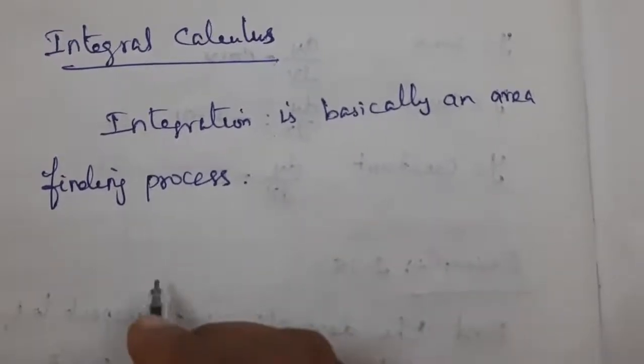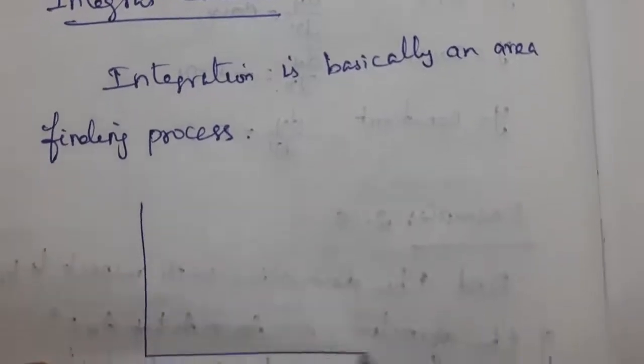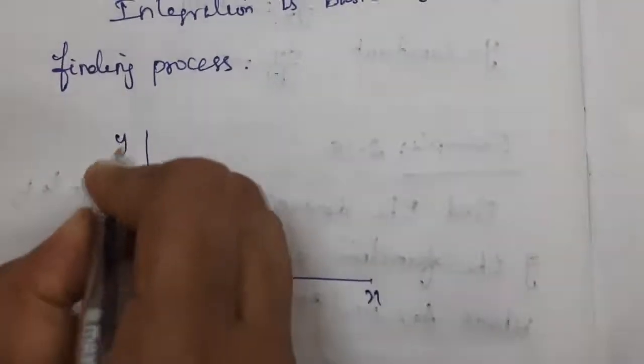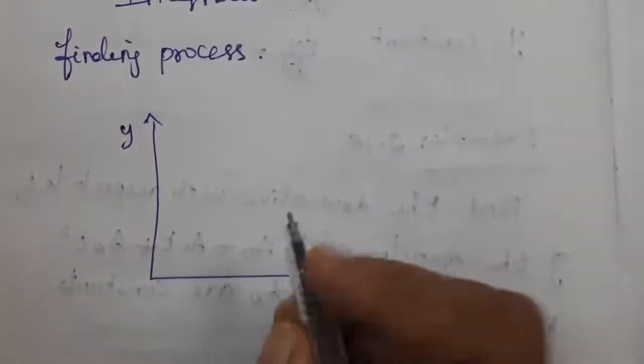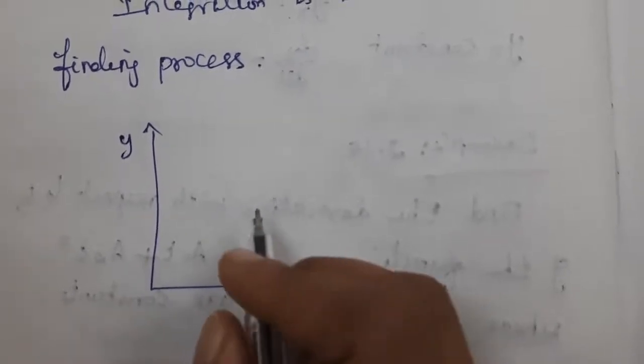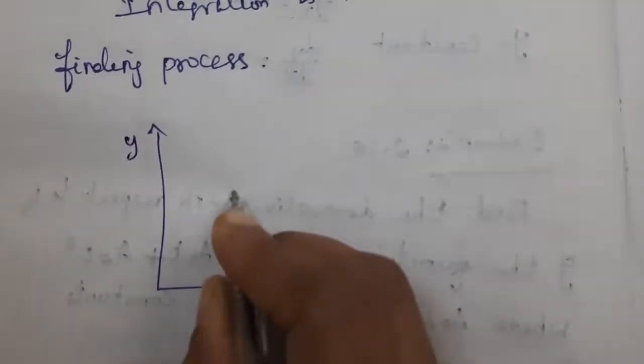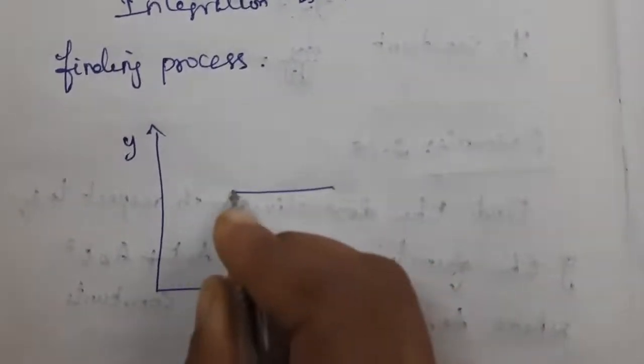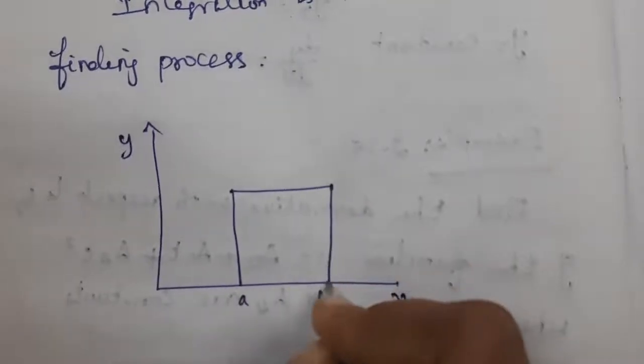Let's see the example. This is x-axis and this is y-axis. Here, one function we are considering. This is A position, this is B position. This is the variation.